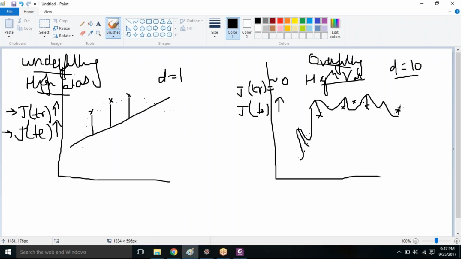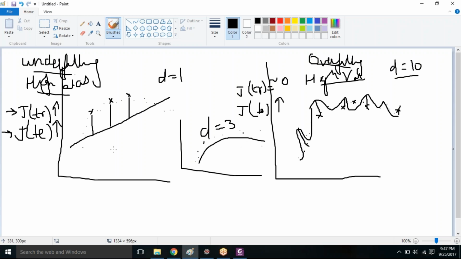fluctuation in the line. So what was actually needed was some model on the same data set, of say degree 3 or degree 2, which can actually grab the pattern of the data, or capture the trend of the data, so that in future if any data comes it can predict it well. So this was the typical example we have seen.